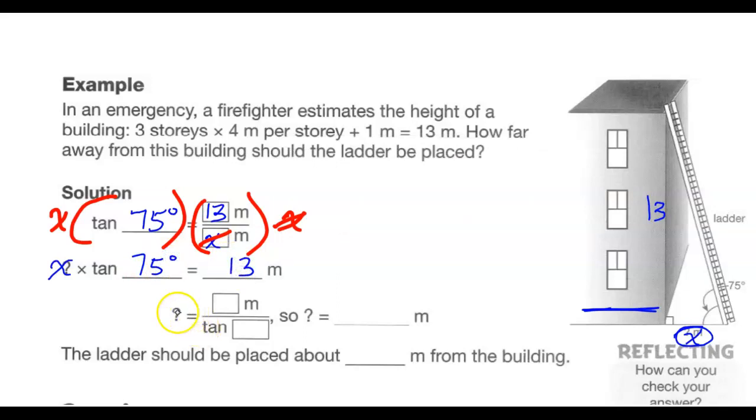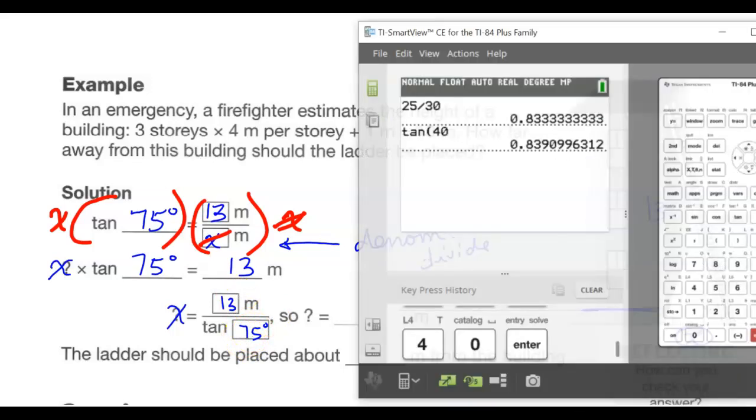And so now that unknown value x is 13 divided by tan of 75. Remember when we had some examples, particularly with sine, where our unknown was in the denominator, and I said you had to divide. So that's where it comes into play again. Denominator means you divide.